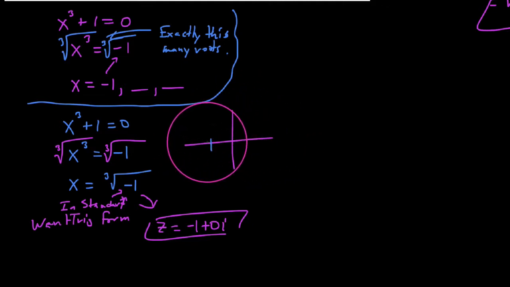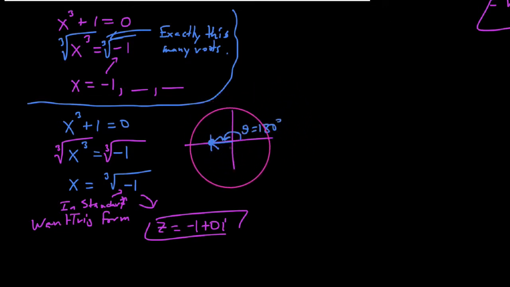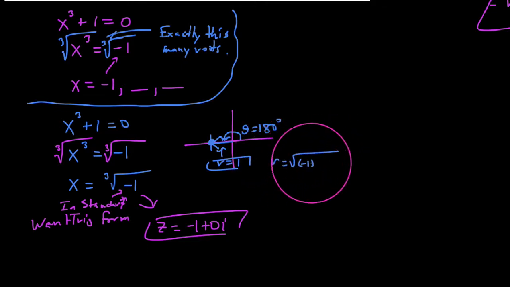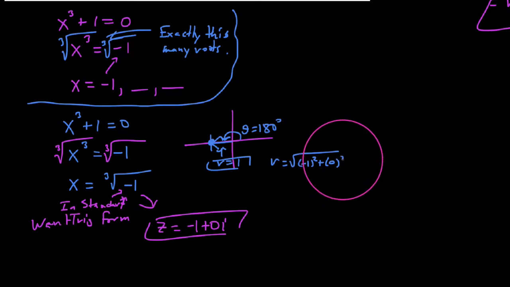We'd say that -1 comma 0 would be this point right here. That's -1, and here's my vector. So in trig form, we know 2 things about this. We know that the argument is 180 degrees, and we know that r is basically 1. We could also say that r is equal to the square root of x squared plus y squared, but we just get 1.